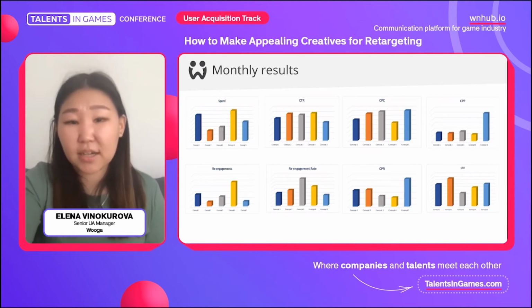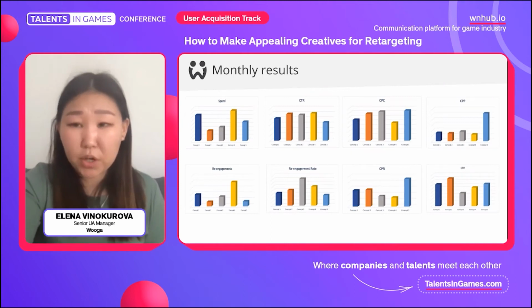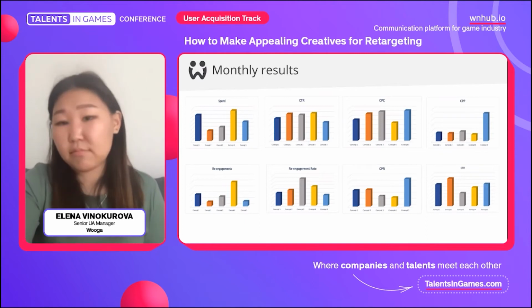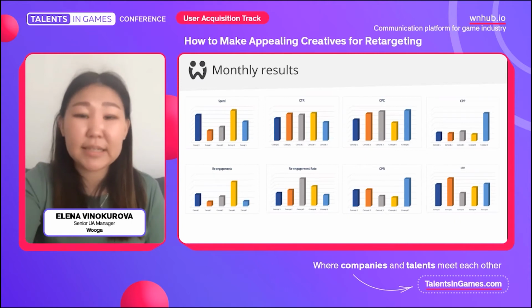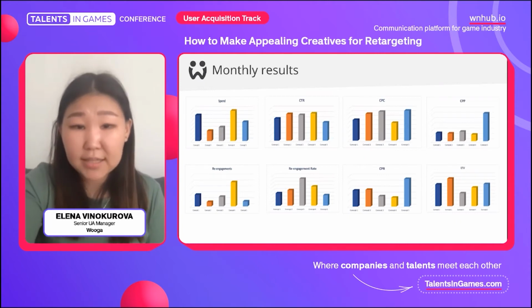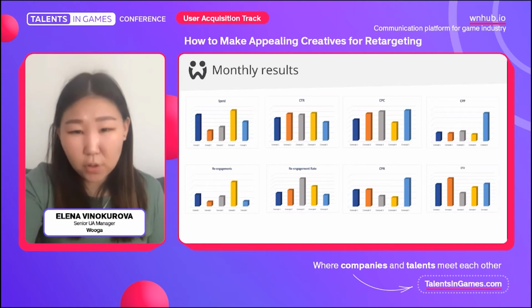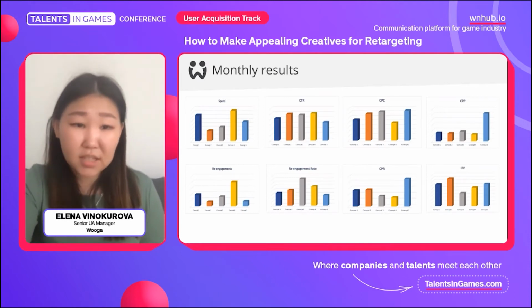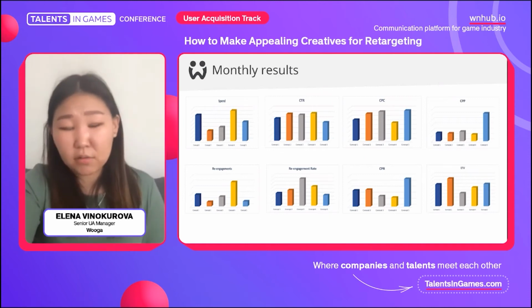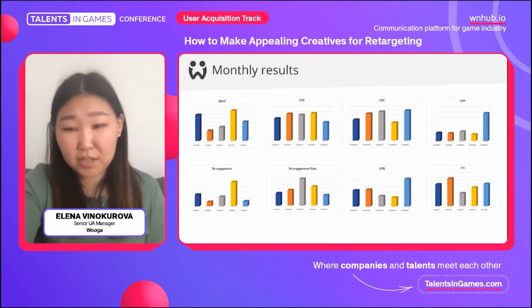We additionally add LTV and cost per purchase data, and that way, like in this example of concepts, we can clearly see which concepts work the best and which ones do not really, and we can decide which one we proceed with next month, or which one maybe we will not continue producing.